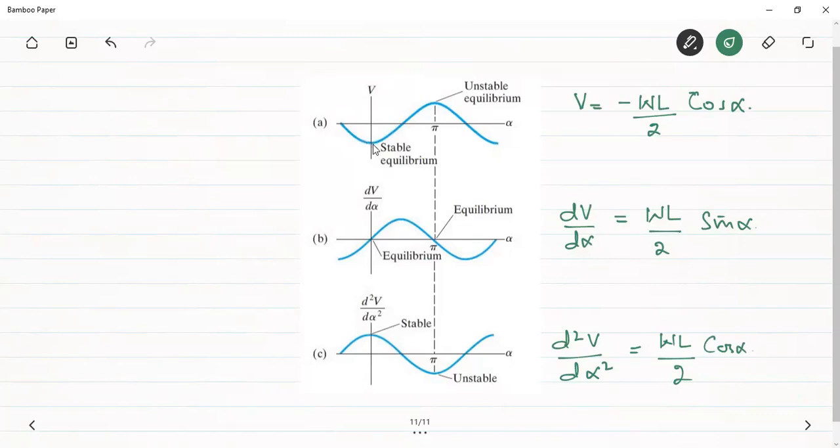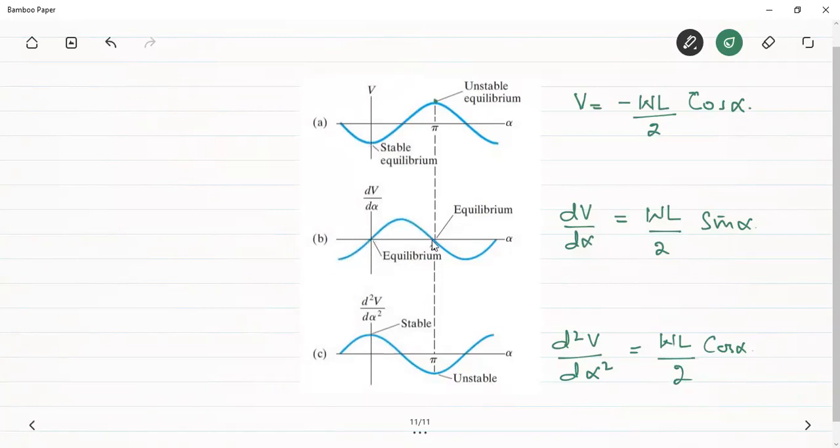This is the variation of the potential energy over a range of alpha. So this position corresponds to the unstable equilibrium because the potential energy is maximum. This position corresponds to the stable equilibrium because the potential energy is minimum.